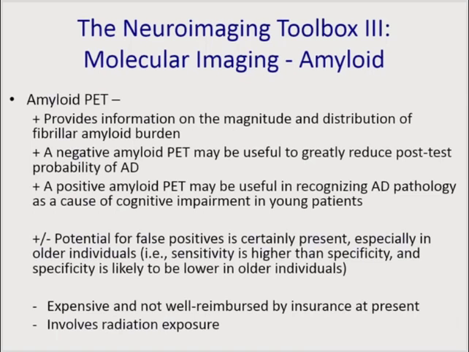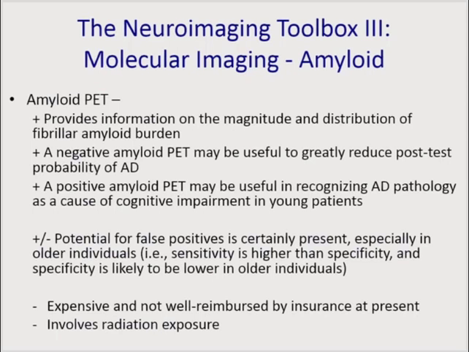In this context, though, because amyloid is a sine qua non of Alzheimer's disease, because it's required for a definite AD at path, a negative amyloid PET may be greatly useful to reduce post-test probability of Alzheimer's disease. Conversely, a positive amyloid PET may be useful in a context where the background rate in the patient's demographic of incidentally positive amyloid scan is low.